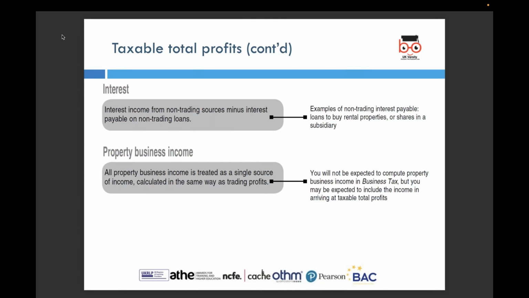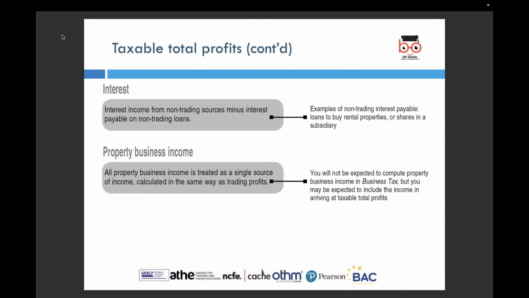It is based on the taxable total profit of the entity, calculated using the same rules as those used for income. Then stamp taxes or stamp duty. Stamp duties are taxes on the transfer of certain property, rights, or interests.